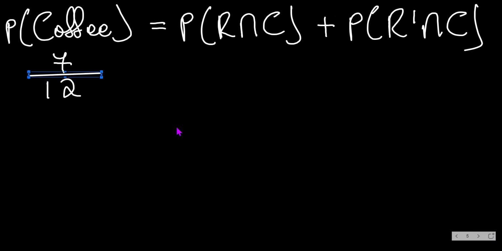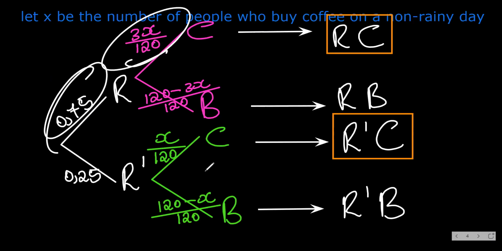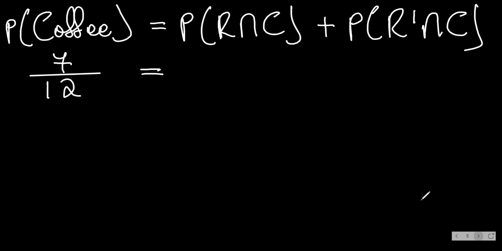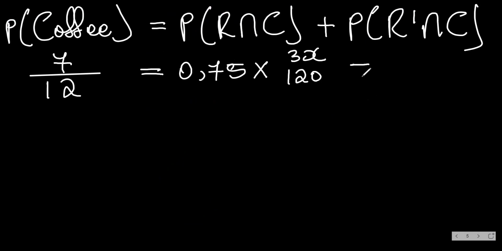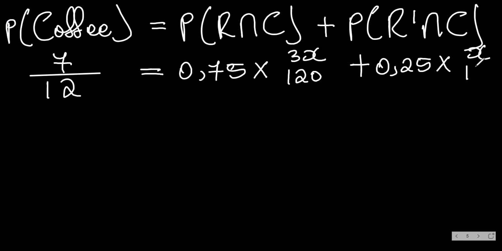What about others? Easy. We take 0.75 and multiply it with the 3x over 120. 0.75 times 3x divided by 120 plus 0.25 times what? Times x over 120. It's not raining, but you still want coffee. So it's x over 120 for the last one.